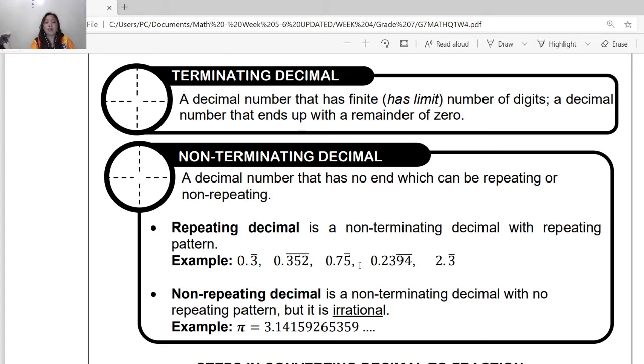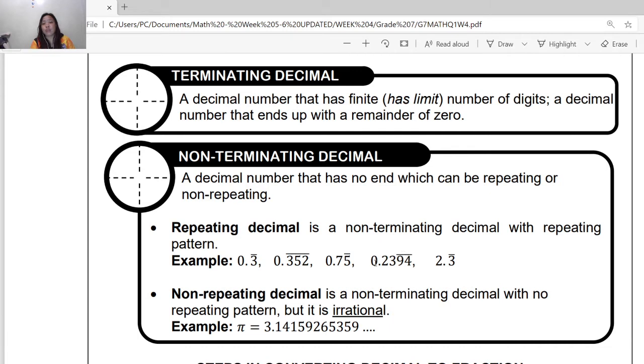Another we have here is 0.75, and the bar is only at 5. So therefore the repeating digit is only 5. So that is 0.7555555555. So only the 5 is repeating. In another one, 0.2394, the bar is only at 94.